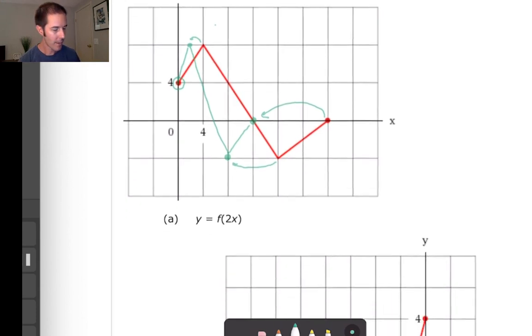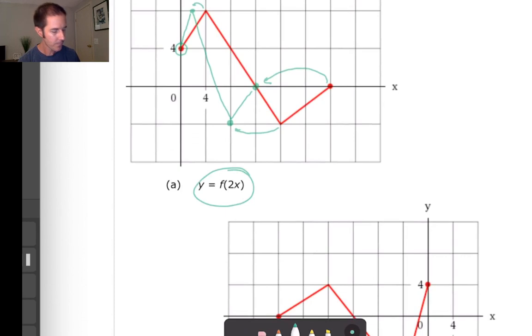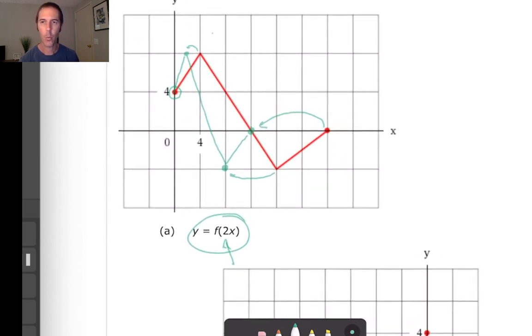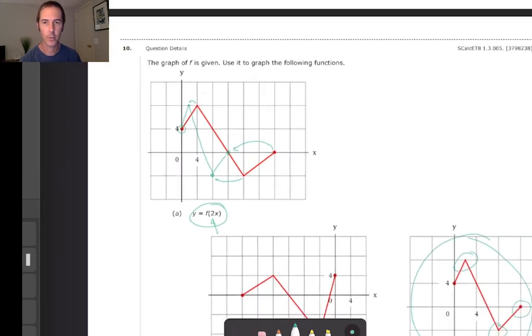When you're modifying inside the function with the 2, that causes a horizontal shrink, which is facilitated by halving or dividing all of your x coordinates by 2. Keep all the points on your original graph, keep the y coordinates the same, and just half the x values. Draw yourself a somewhat accurate sketch, and then match that up to your multiple choice options.